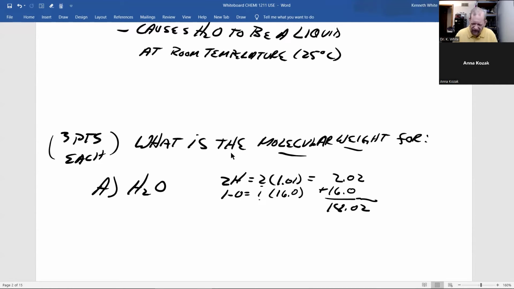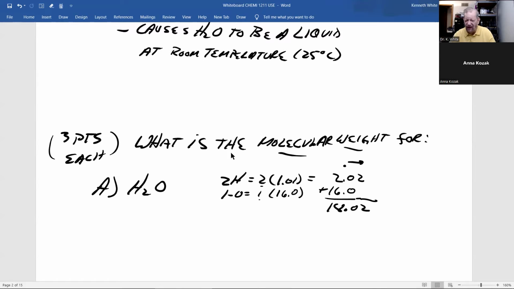I skipped this earlier, but when you do addition, you keep the same number of decimal places as the number that has the fewest decimal places. You never look at the left, only the right.